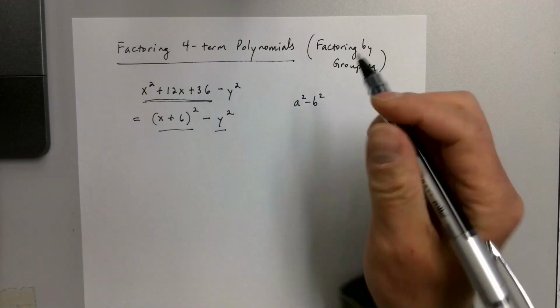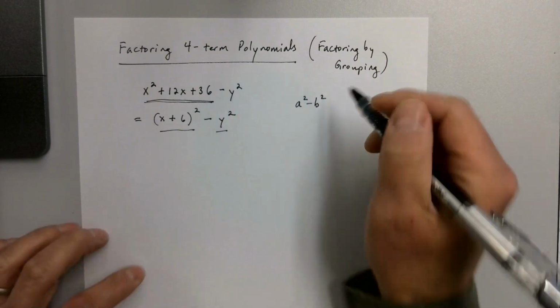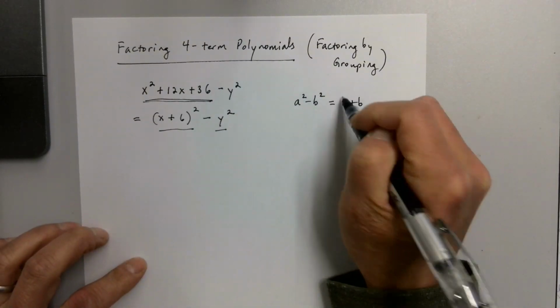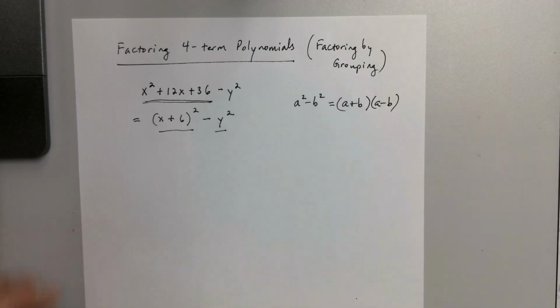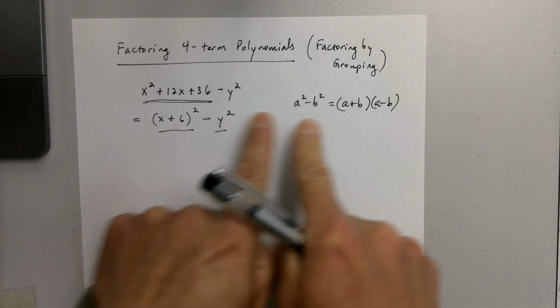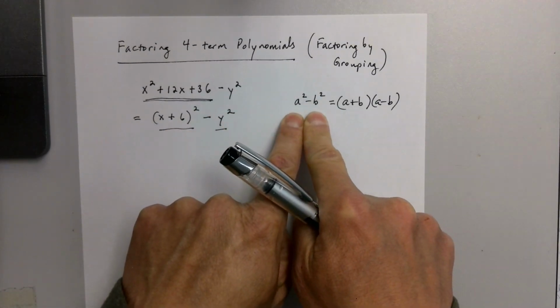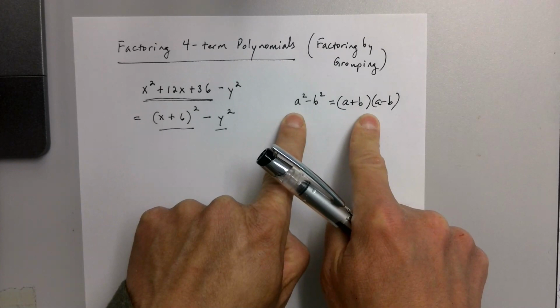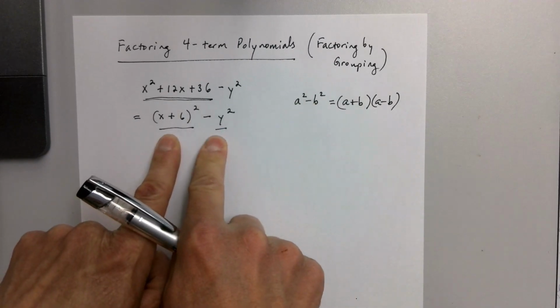We know how to factor something squared minus something squared. It goes like this. So if this follows that pattern exactly, and I know how to factor that pattern, then I should be able to factor this.